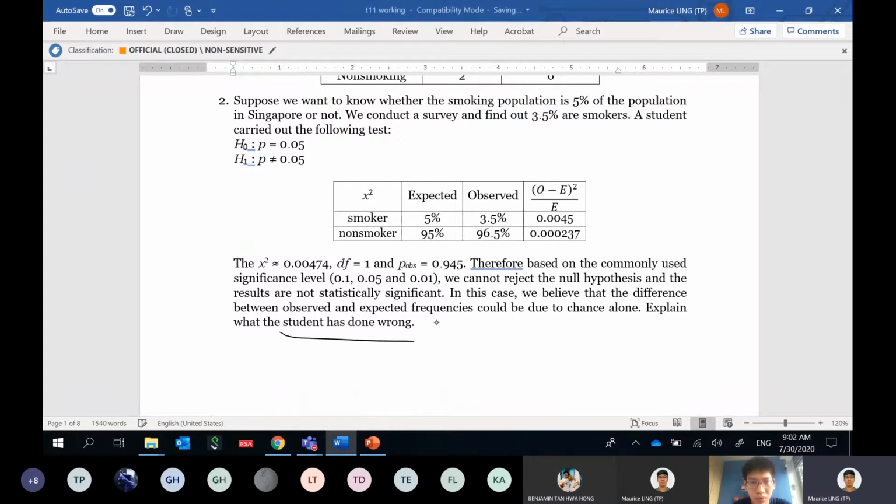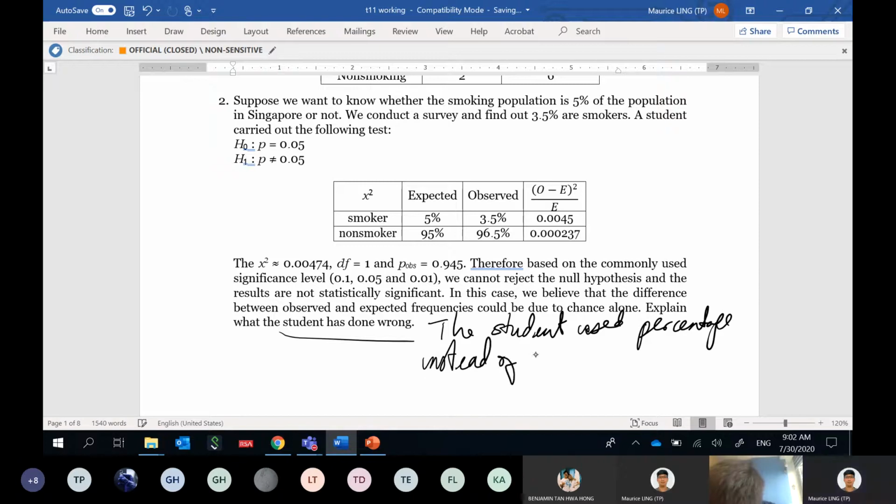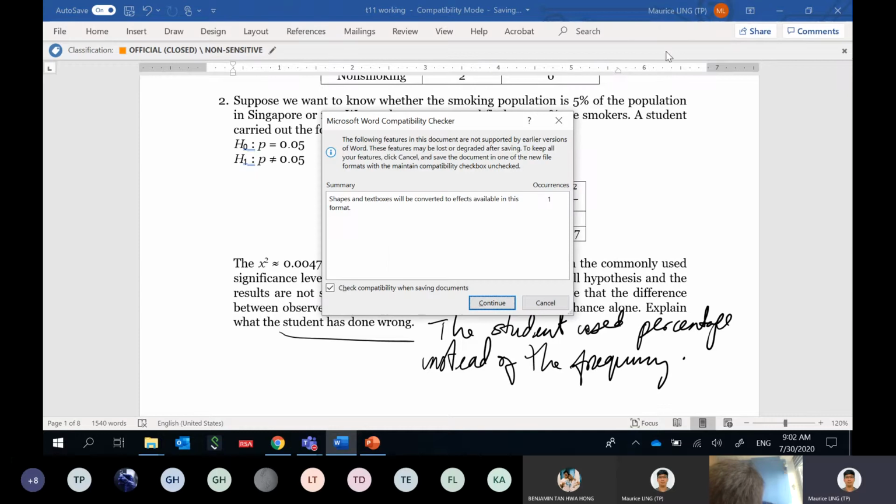Here, the student used percentage instead of the frequency. This is actually the most common error for the chi-square statistic.